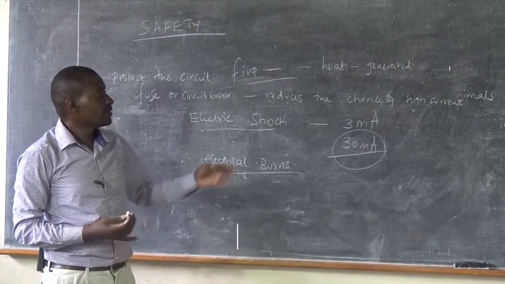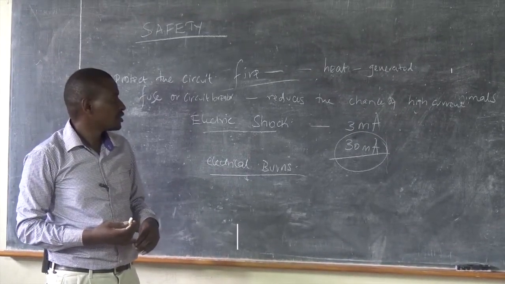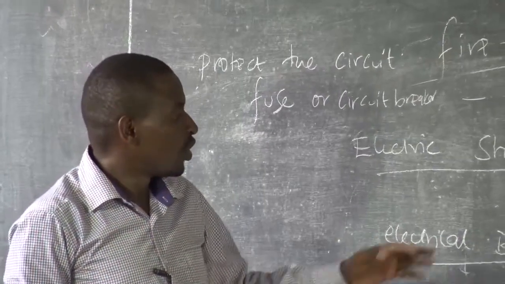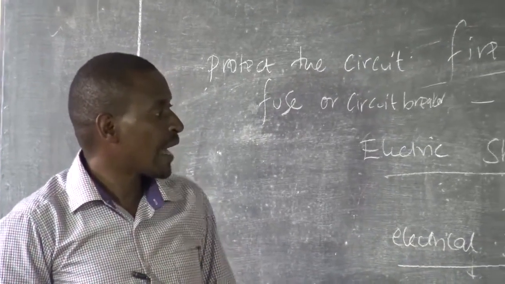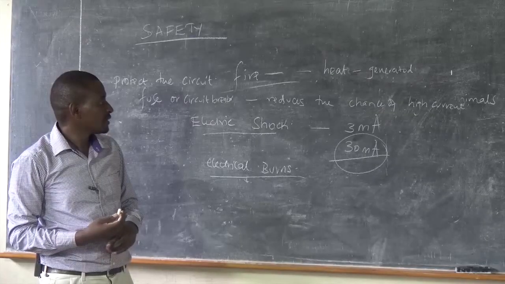The burn is of course very, very deep, because it is not on the surface, but all over where this higher current is flowing, and that can also be very, very dangerous.